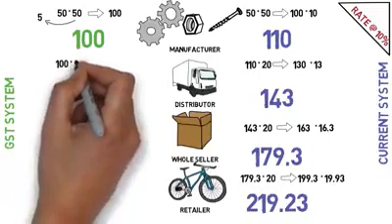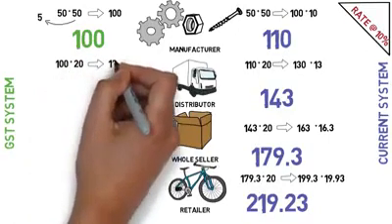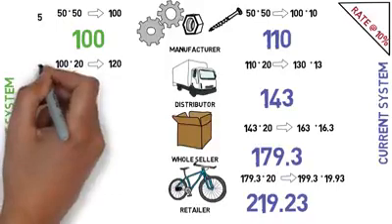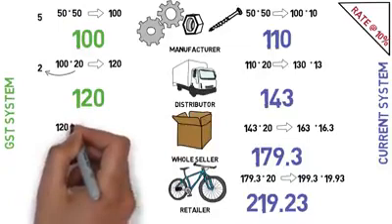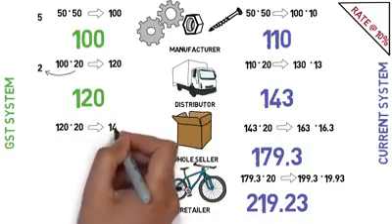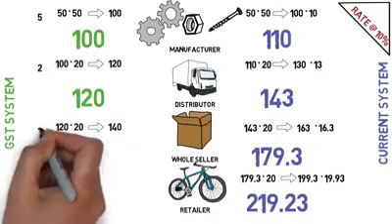Then the distributor adds 20 rupees profit and the product becomes 100 plus 20, which is 120 rupees. He pays the tax of 2 rupees on his profit of 20 rupees. The wholesaler buys the product for 120 rupees and follows the same pattern, adding 20 rupees as his profit, and the price becomes 140, and pays the tax of 2 rupees on his profit of 20 rupees.